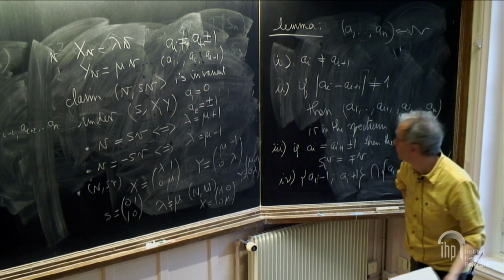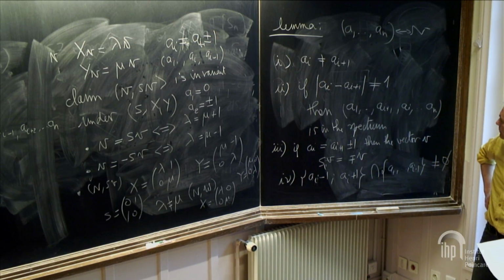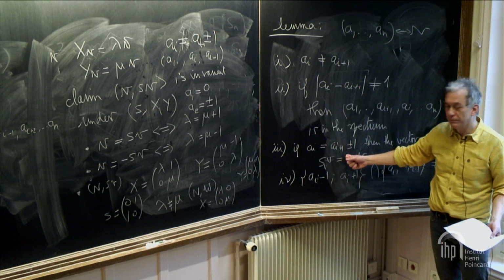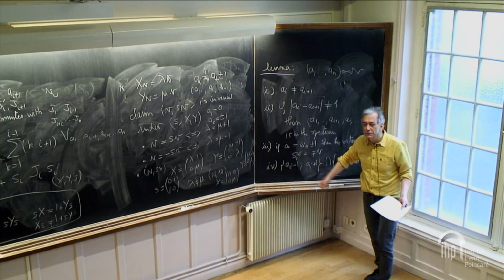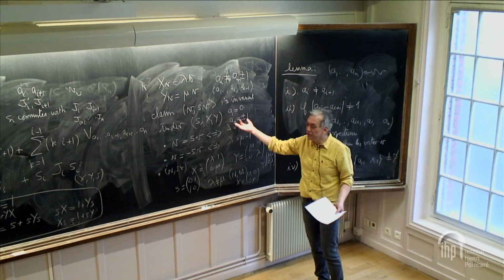What did you say? A2 equals plus minus 1. You mean this? No, the fact that a_2 is not equal to plus minus 1. It cannot be 0. No, but a_2 you compute.